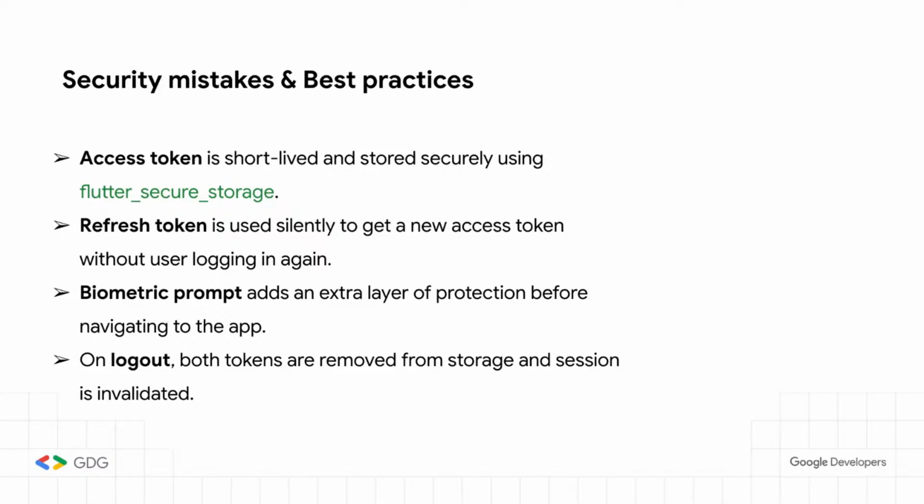You cannot use the refresh token to access API information like profile information. I cannot use a refresh token. The only purpose of a refresh token is to generate a new access token. That is all that it does.